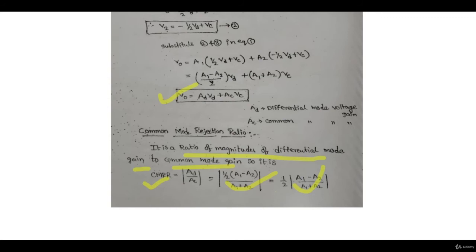Here VD is V1 minus V2 and VC is V1 plus V2 divided by 2. Once you get AD and AC, you plug them in and calculate CMRR. You can also calculate this in dB: 20 log AD divided by AC gives the value in dB.